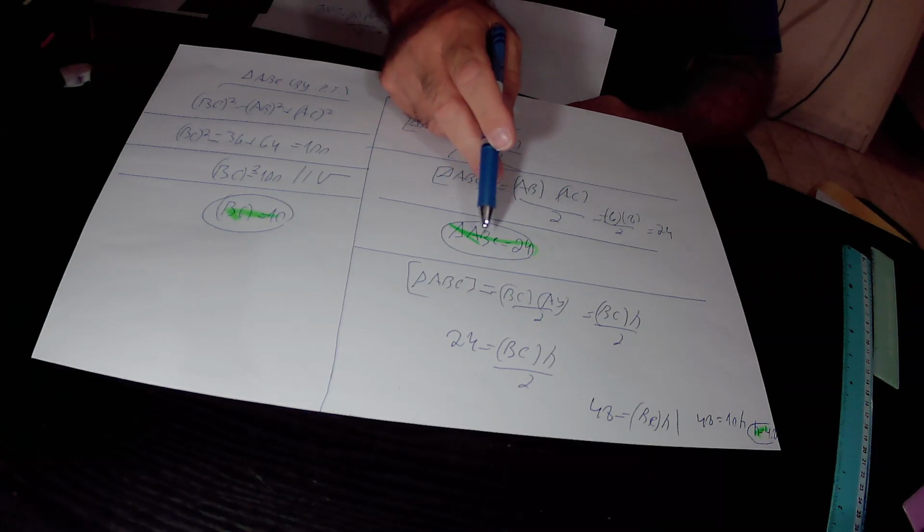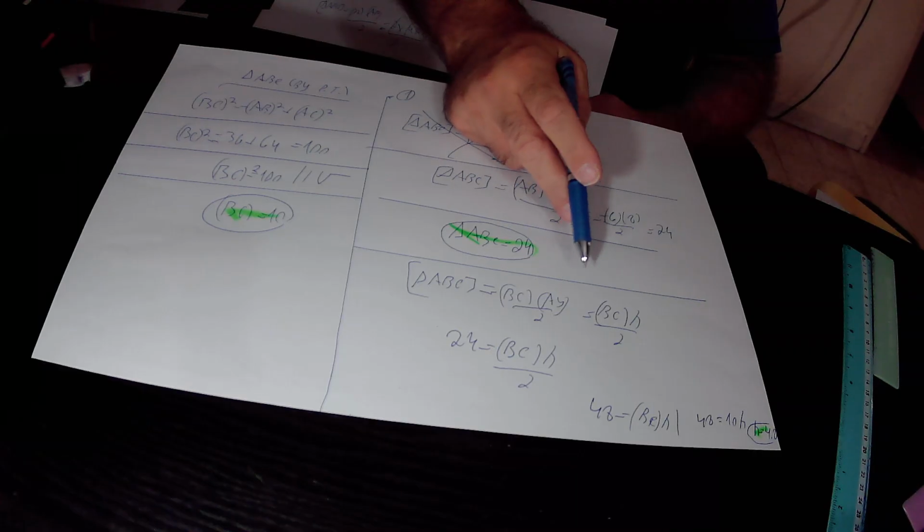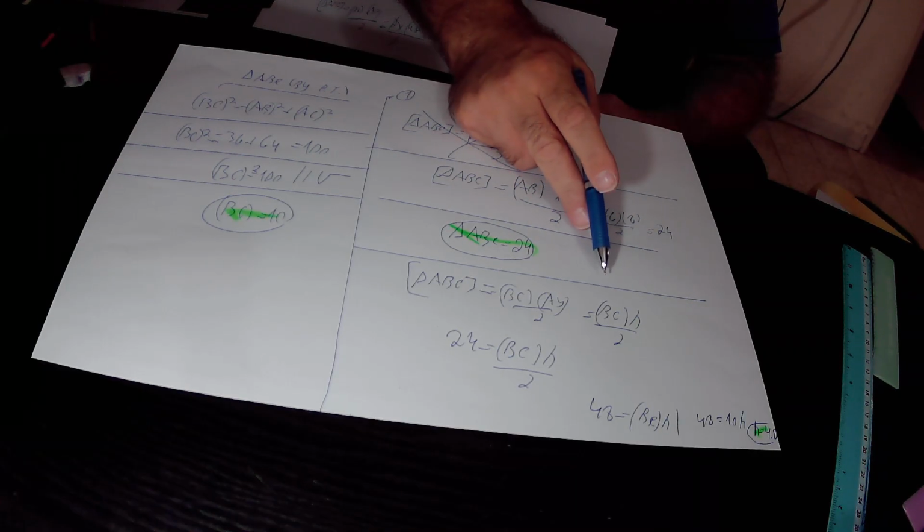So it is the base BC times the height, we define AY as the height, over 2.